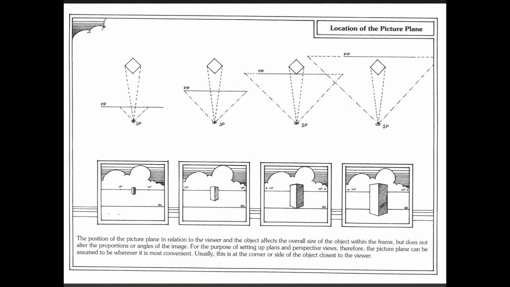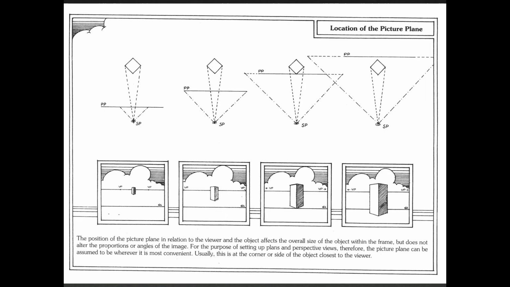Right here on the top set of illustrations, you have this object that's the same distance from the viewer, but as you move the picture plane farther away from the viewer and closer to the object, then the object appears consecutively larger.